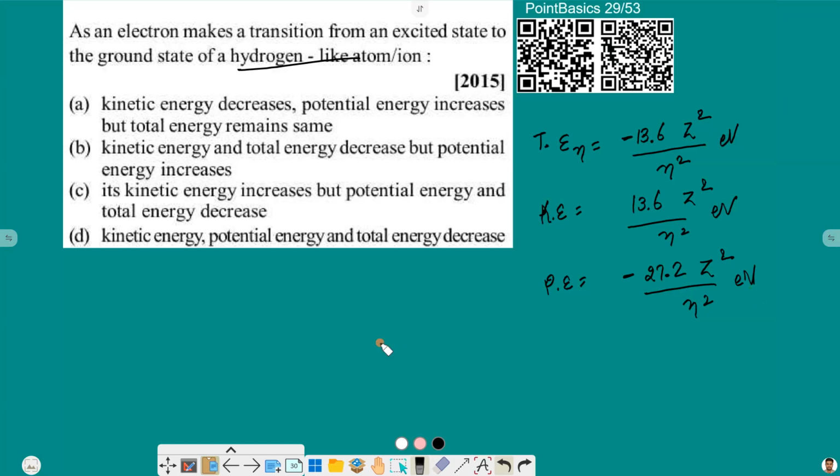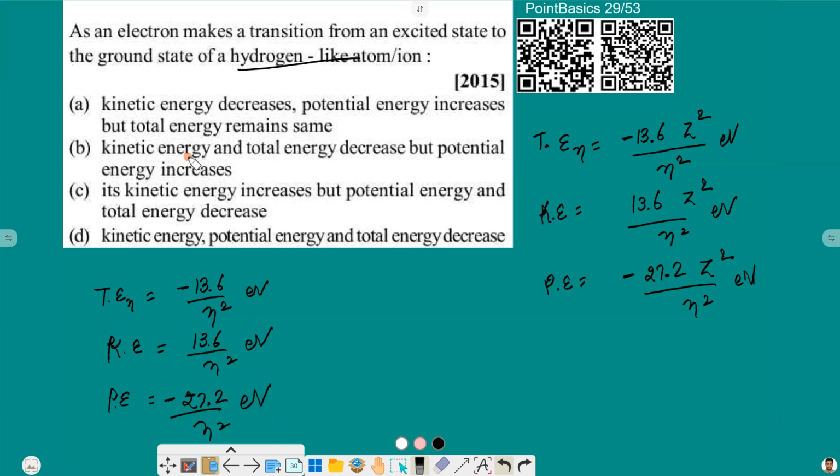Now let us assume Z is 1, so then the total energy for the nth level becomes minus 13.6 by N square electron volt. Kinetic energy is 13.6 by N square electron volt. And the potential energy is negative 27.2 by N square electron volt.